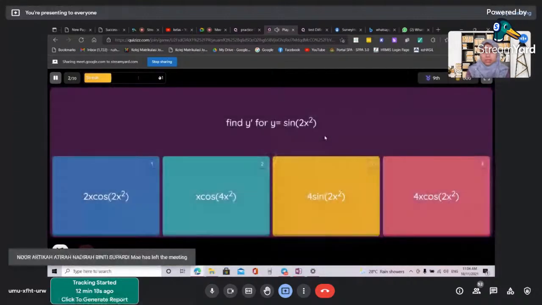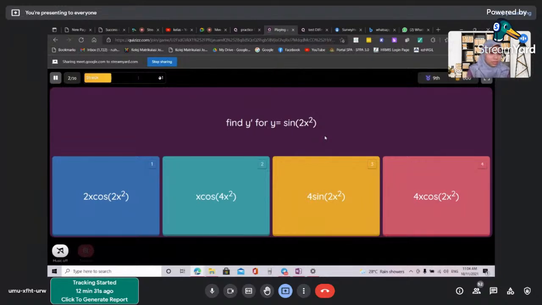So next, here you have a trigo function. Which one is the right answer for this function? Number 4.